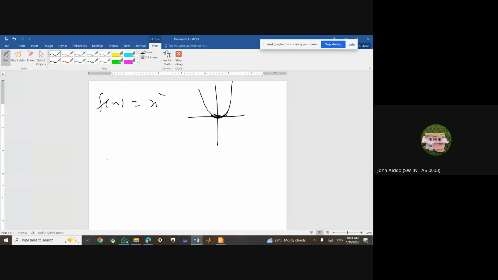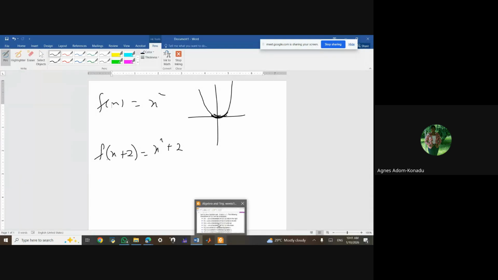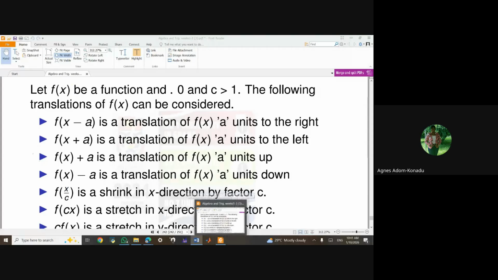So if I write f of x plus 2, this is x squared plus 2, and it says that this is 2 units to the left. If it is plus, it is 2 units to the left.